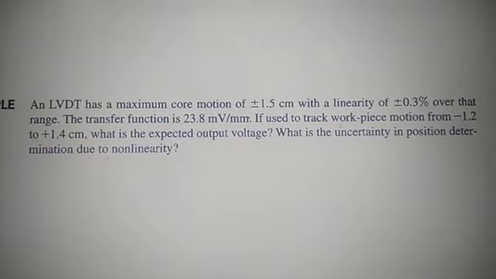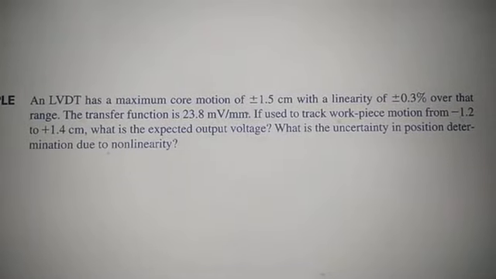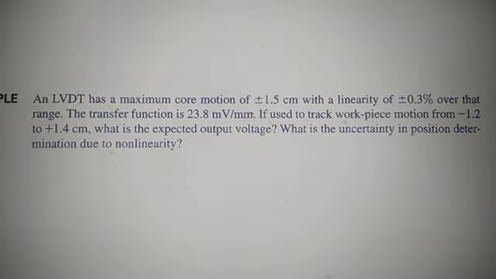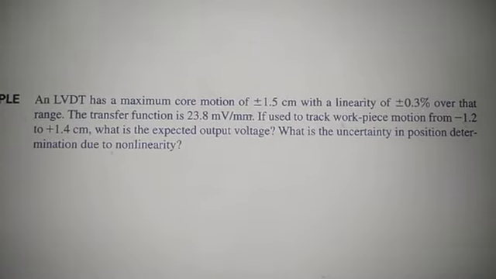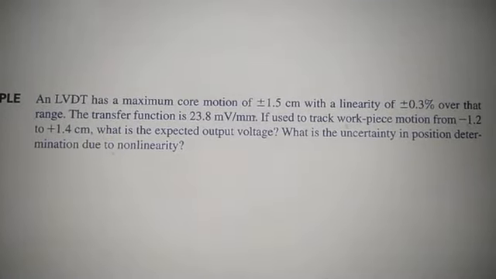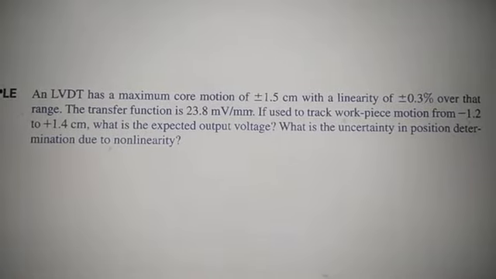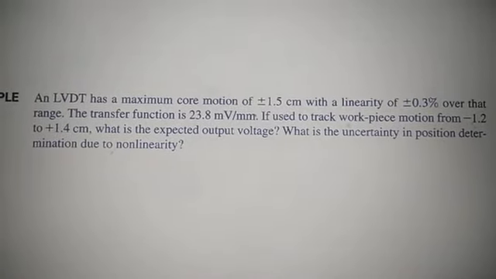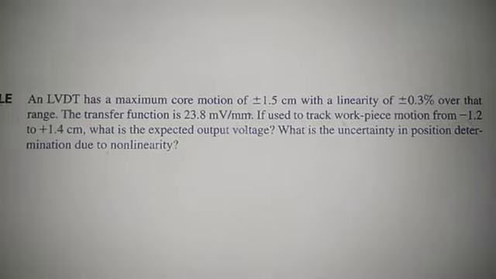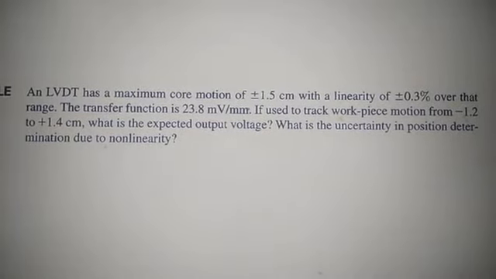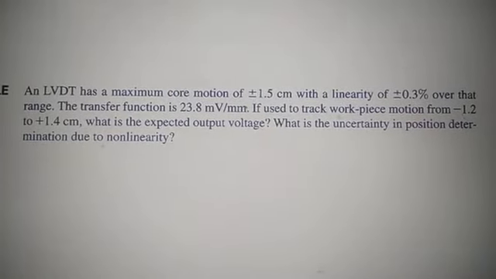An LVDT has a maximum core motion of plus minus 1.5 centimeter with a linearity of plus minus 0.3% over that range. The transfer function is 23.8 millivolt per mm.